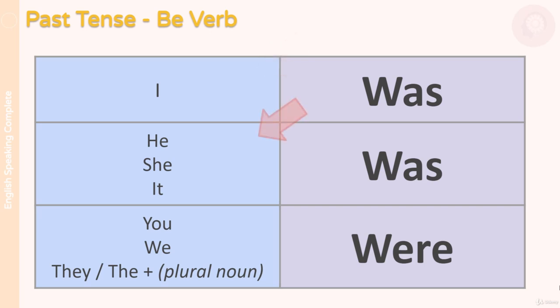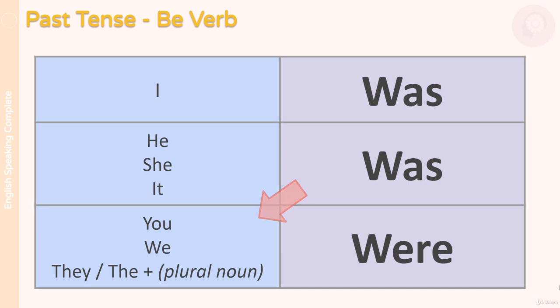And here we have our third person singular pronouns, he, she, and it. And again, we use was. And then we're on to either you, we, they, or the plus plural noun, boys, cats, that kind of thing. And then we need to use were. So the verb to be becomes were in the past tense.